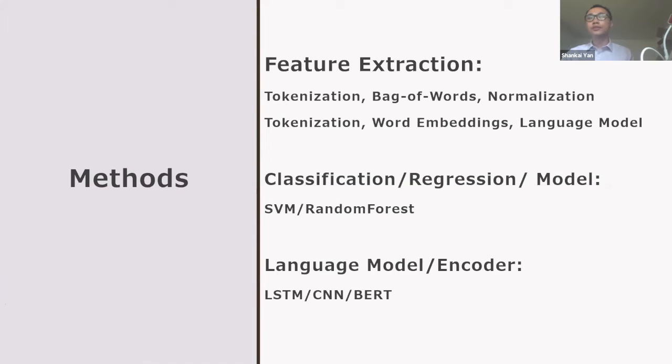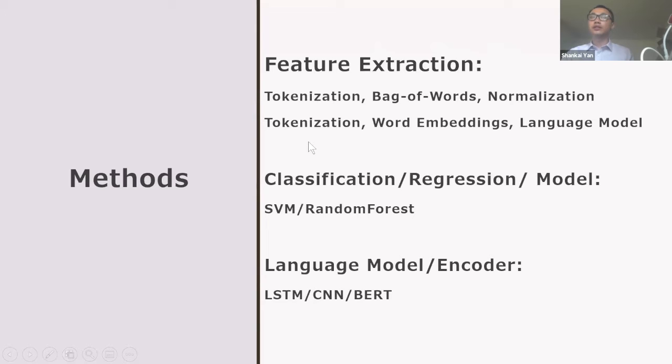So in summary, to implement the methods for the BioNLP tasks, we can have these kinds of components. One is to extract the features. In the past, we would use tokenization and then input the tokenized words into a bag-of-words model, and we would also normalize it to generate a numeric matrix of a given corpus, and then use this matrix as the features.